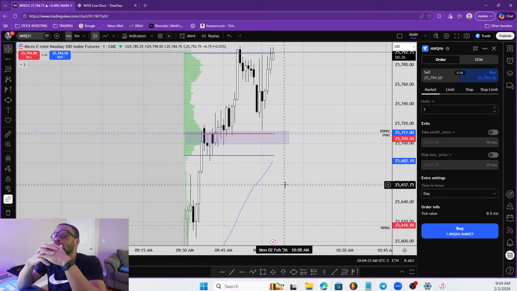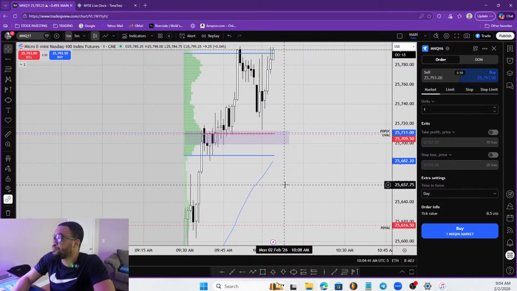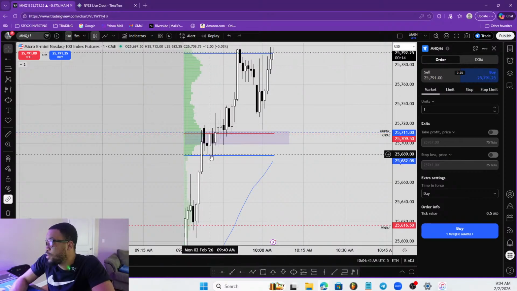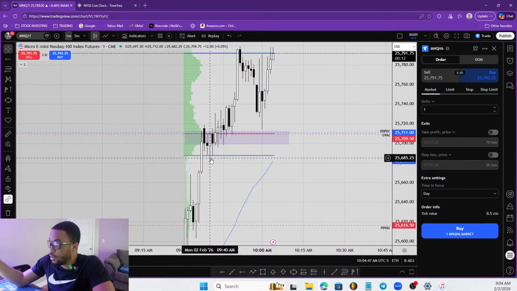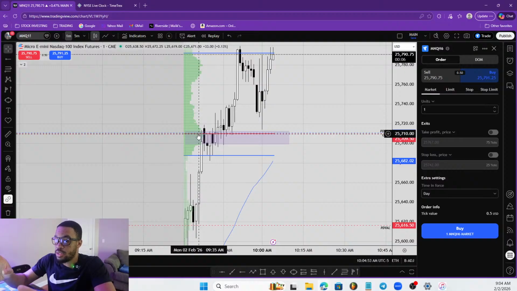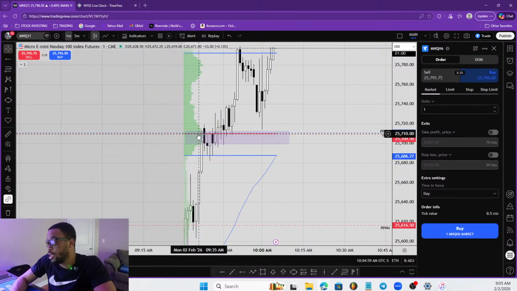Like I said, I just started learning this stuff. How do I explain the point of control in a simple, easy manner? Between these blue lines is where 70% of market orders are happening, right? So point of control is where the most orders have happened within that 70%, if that makes sense.